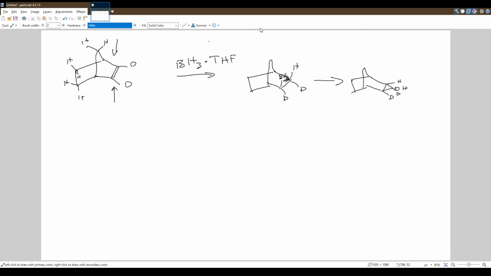Apparently we add from the exo side, but what does that mean? Norbornene. Add from the exo side. I guess that does mean we add from the top, right, then?